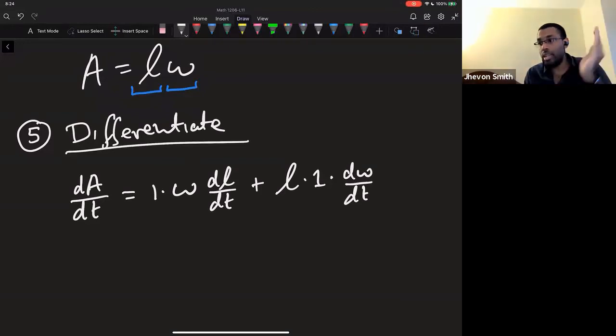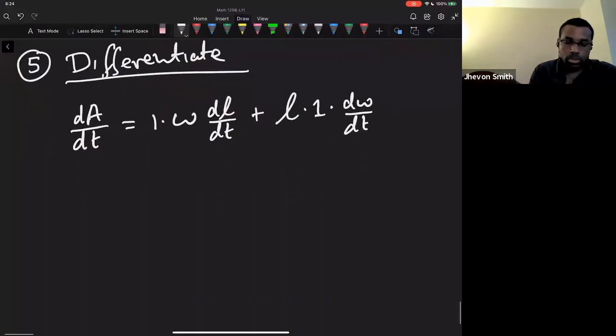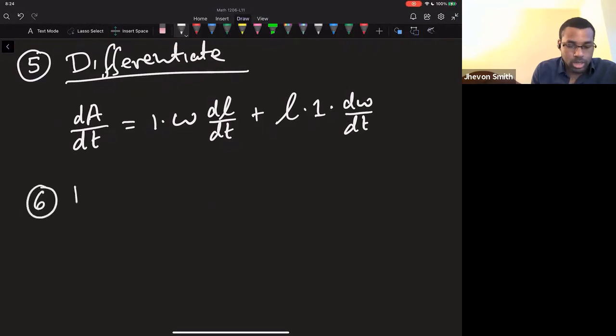If I differentiate them, I need to multiply by d of the variable over dt. And that's it.